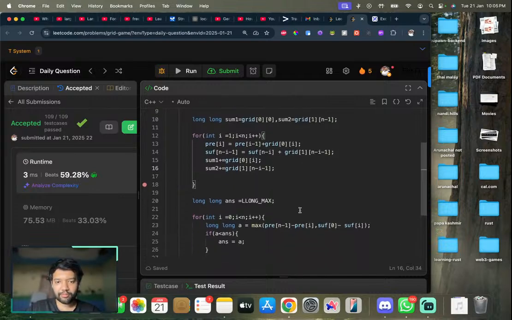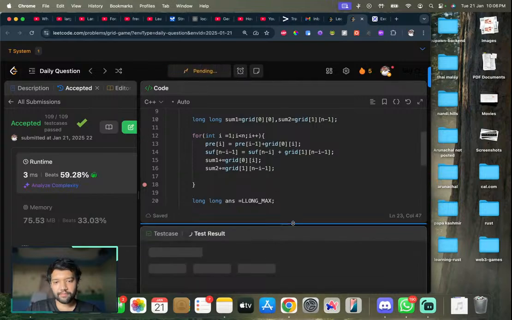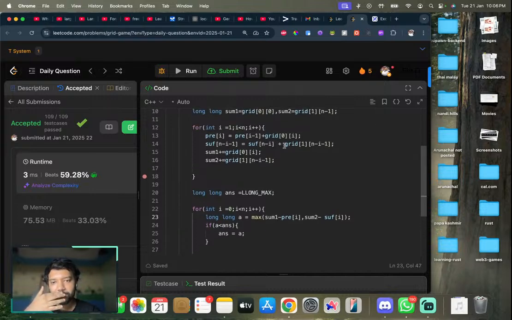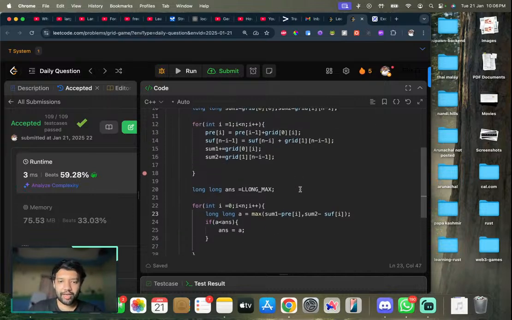We have sum one and sum two, so instead of this, we can use sum one. Let's just run and see. Yep, that works. Now we can eliminate these arrays.